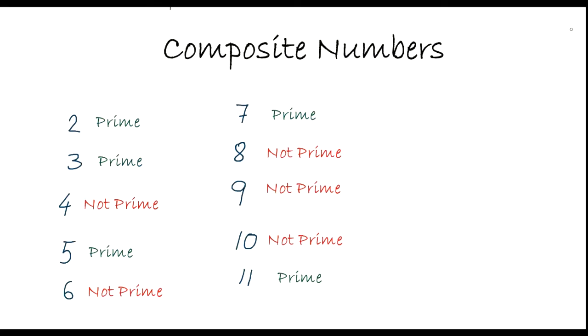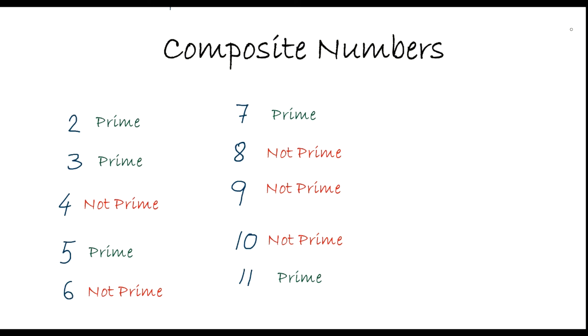Composite numbers are integers greater than 1. Those have more than 2 positive divisors. Simply we can say that if an integer is greater than 1 and not a prime number, that integer is a composite number.